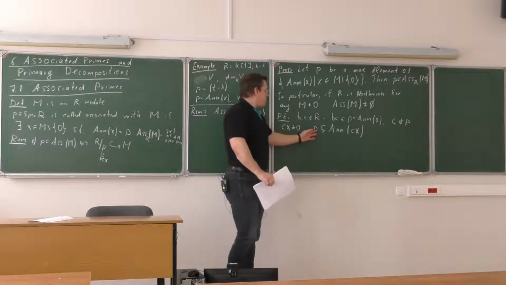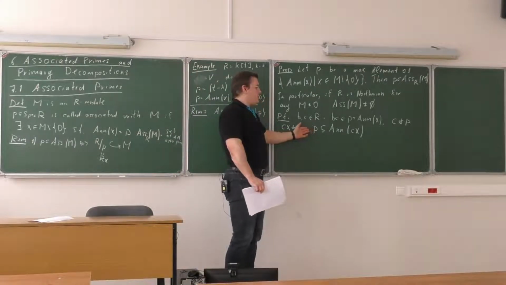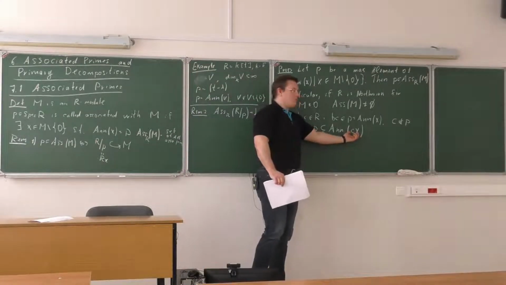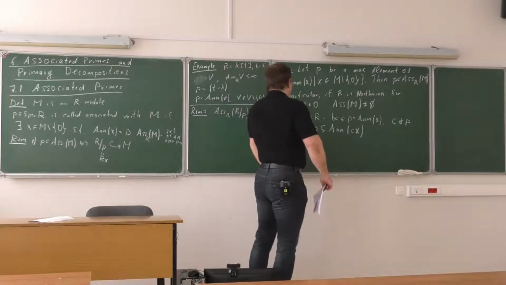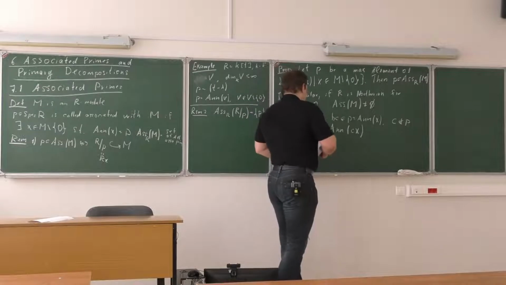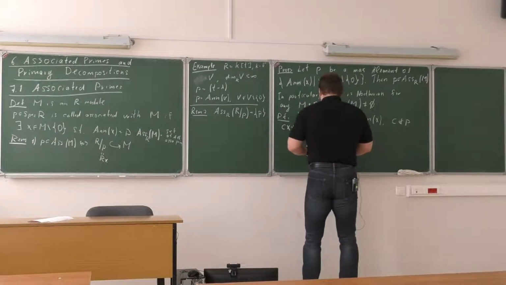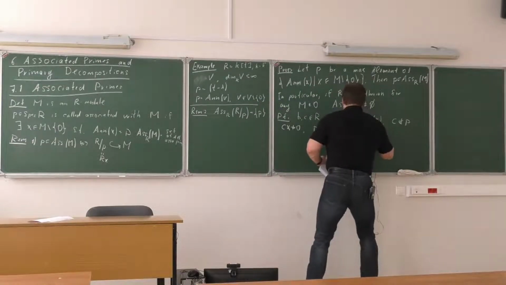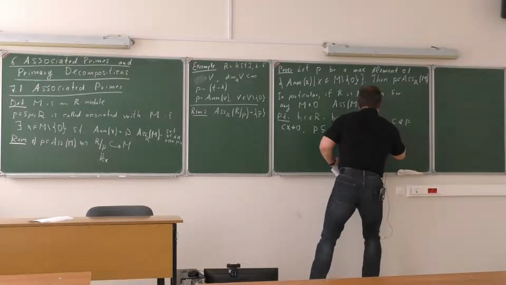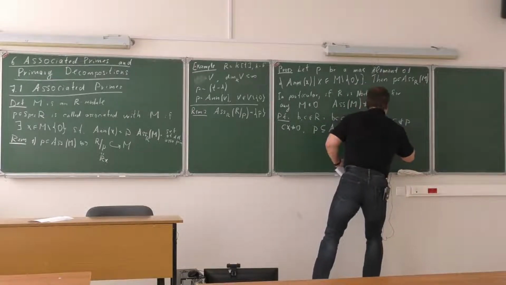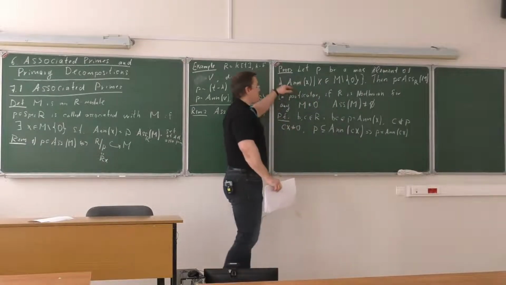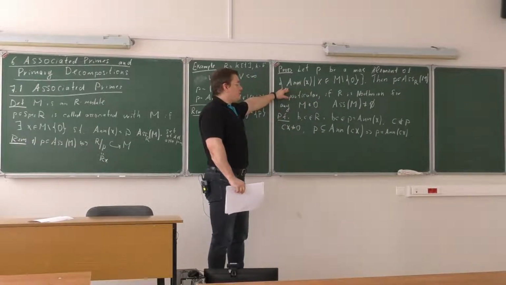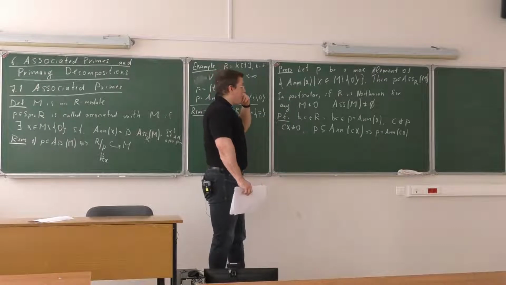If I take any element in the P, it annihilates X, so it definitely annihilates the product. Well, the ring is commutative, I can just move around this and conclude that P is a subideal in the annihilator of Cx. But then this immediately tells us that P is actually the annihilator of this element Cx, since we assume that P is a maximal element in such a set of ideals which are annihilators of some elements.